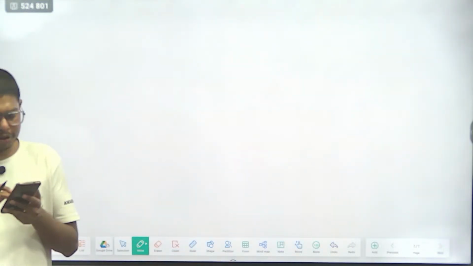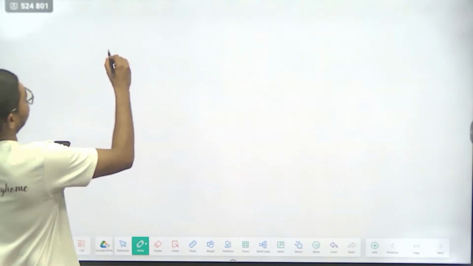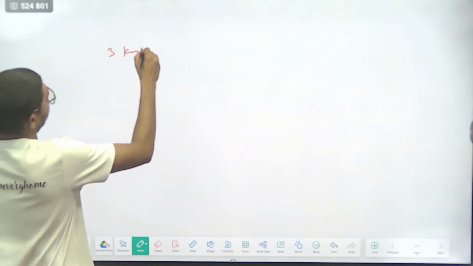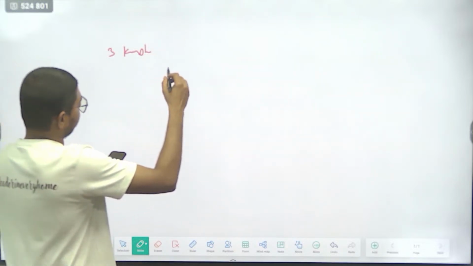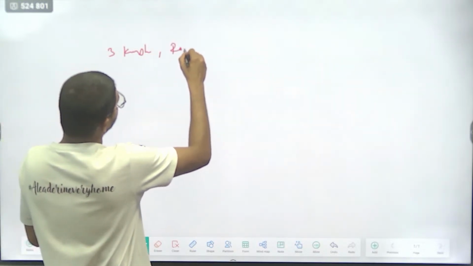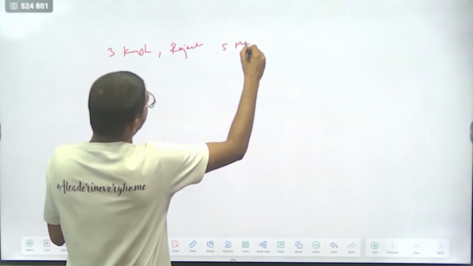Then the next question is, walking at the speed of 3 kmph, Rajiv reaches his school 5 minutes late.